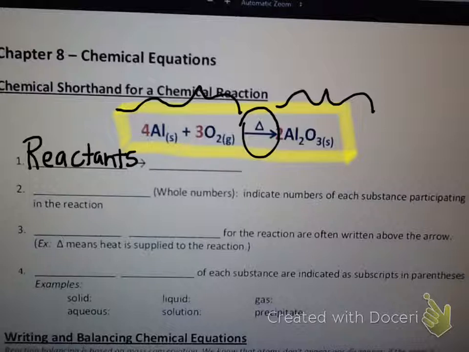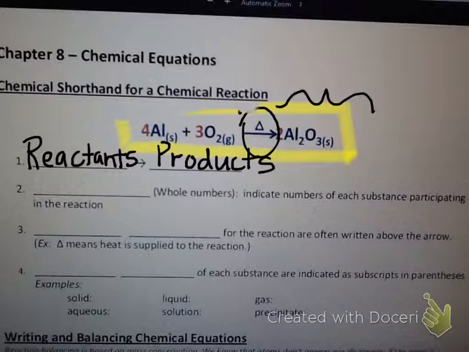These are the elements or compounds before they become changed, so they're going into the chemical reaction. The arrow indicates a chemical change, and then what's found on the right-hand side of the arrow are the products, or what comes out or is produced by the chemical reaction. Products. Okay, so we always write chemical equations this way.